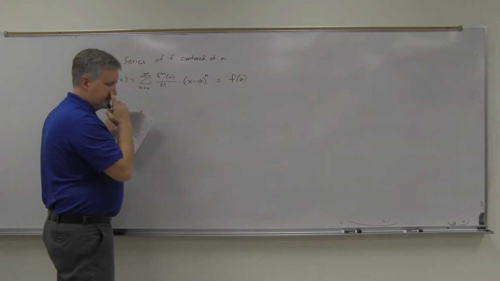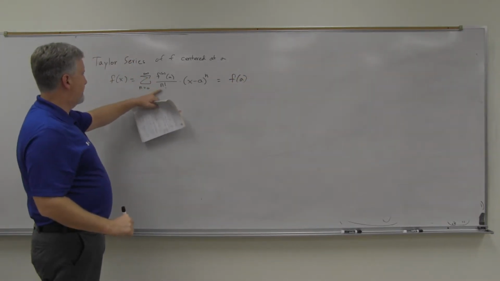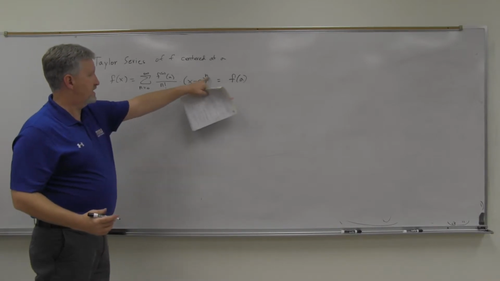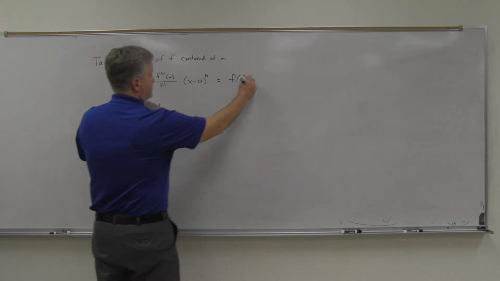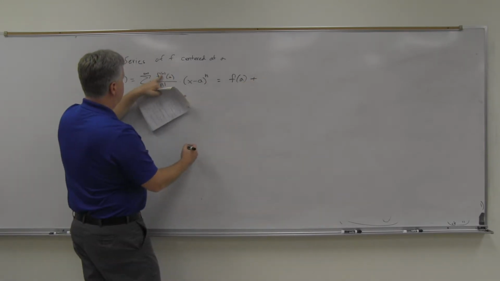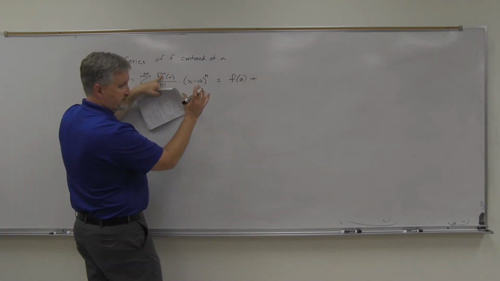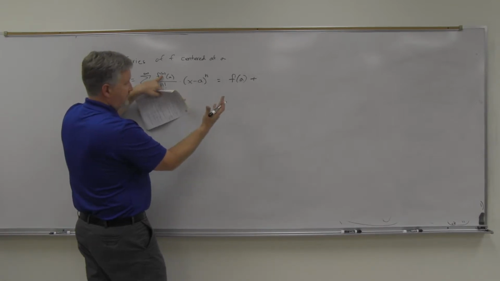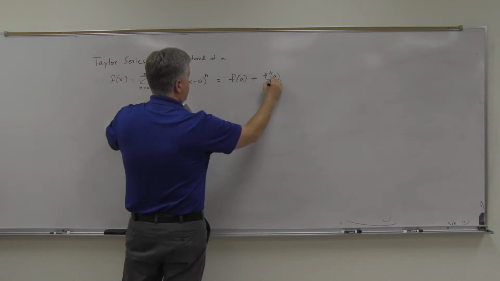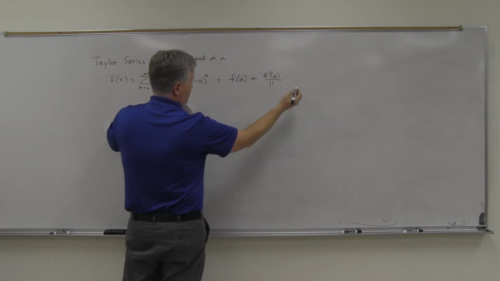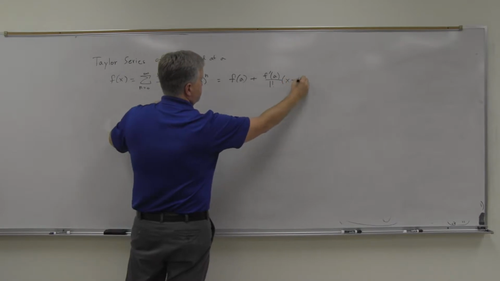But we might as well cut to the chase there. 0 factorial is 1, x minus a to the 0 is 1, so the first term is just f of a. All right, then we do n equals 1, f parentheses 1, but that's just the first derivative, so it's f prime at a divided by 1 factorial, but that's 1, times x minus a to the 1.